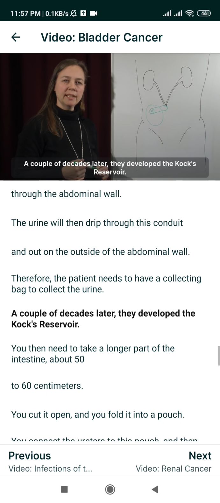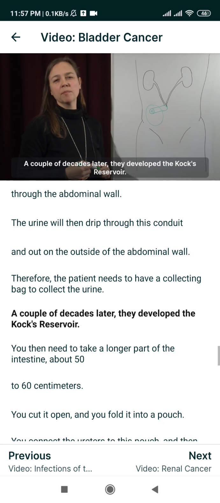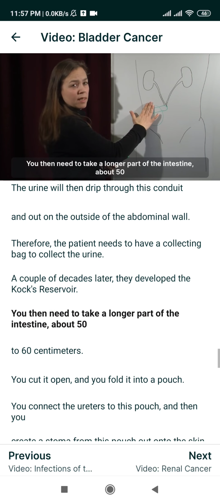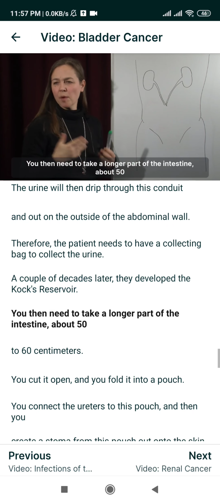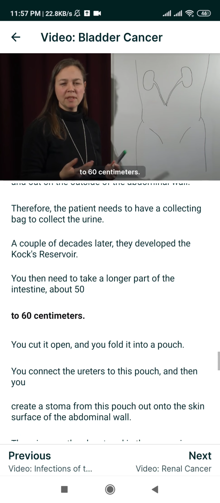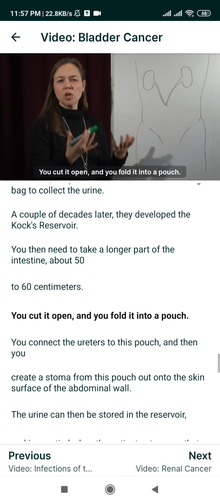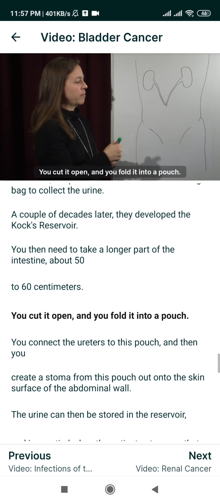A couple of decades later, they developed the Kock reservoir. You then need to take a longer part of the intestine, about 50 to 60 centimeters. You cut it open and you fold it into a pouch.